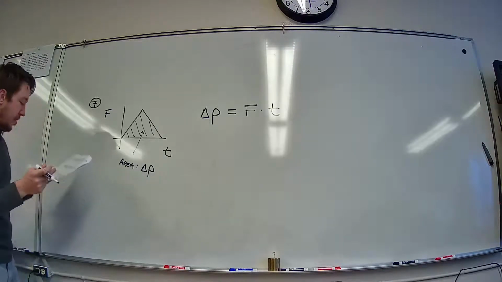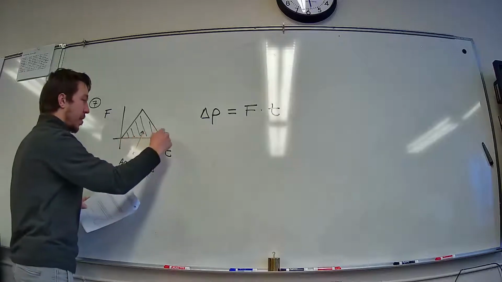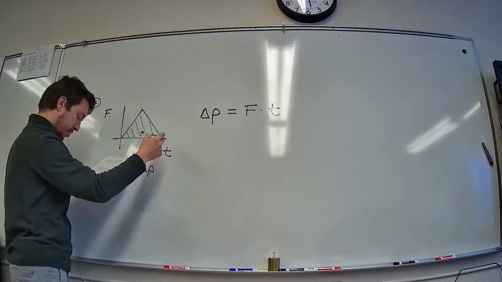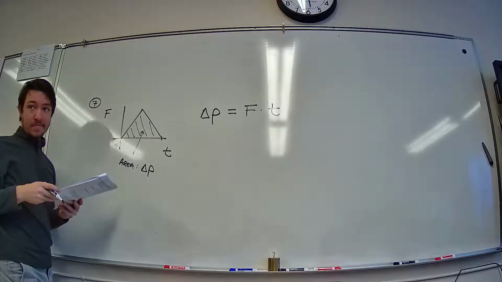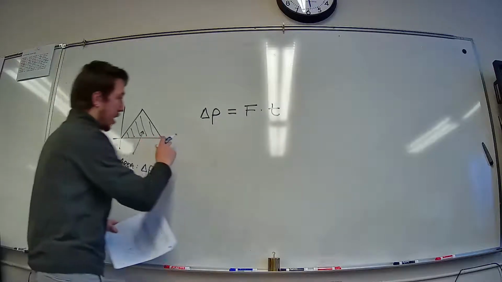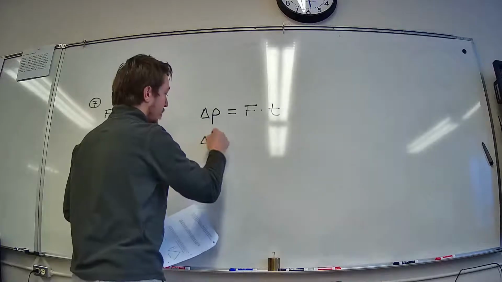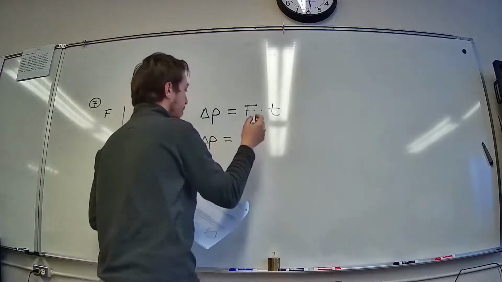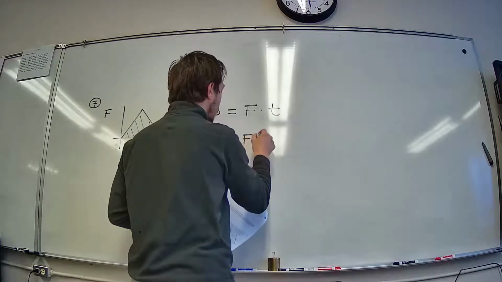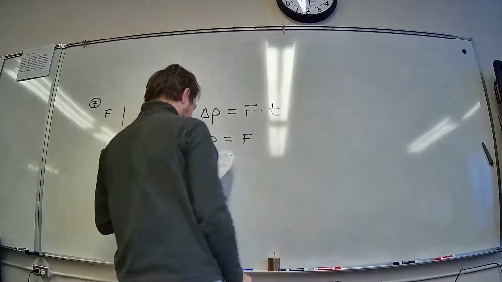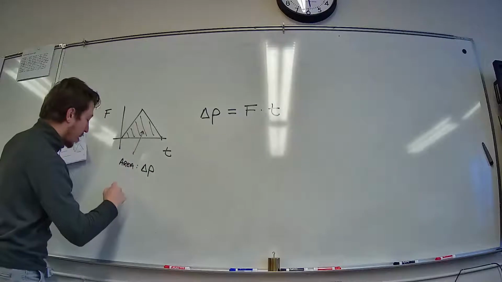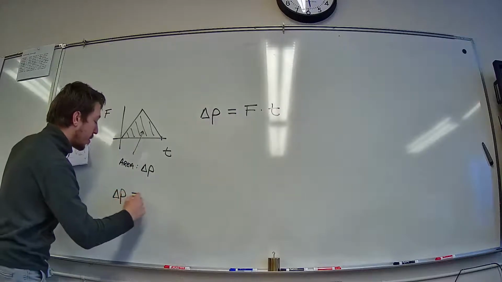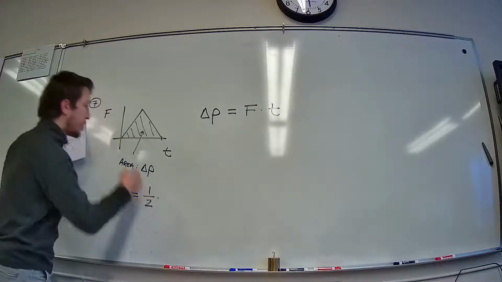Okay, so that means basically B is going to be the most directly findable thing here, or part B. So let's do the math here. What's the base of this triangle? 6 milliseconds, right? So the area is going to be 1/2 times the base.